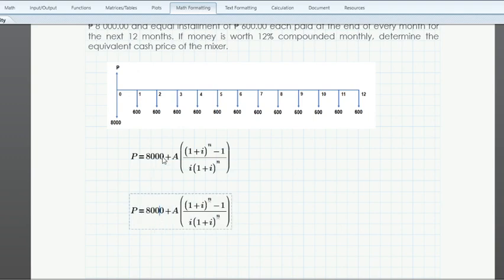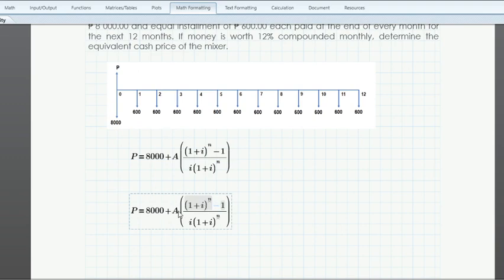So, si 8,000, hindi mo na siya mamultiplyan nitong nasa parentheses. Bakit? Kasi si 8,000, hindi naman siya series of equal payment. Isang beses ka lang naman nagbayad ng 8,000 pesos. So, wala na siyang ita-times na nasa parentheses. 8,000 na lang siya. Okay?